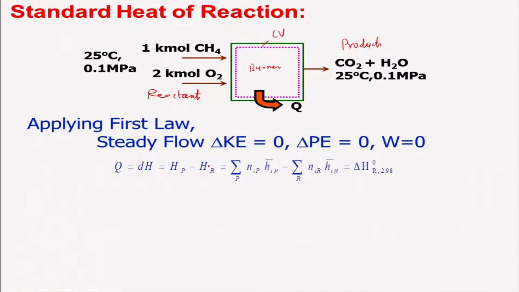minus the enthalpy of the reactants. That is nothing but the summation of the number of moles of each constituent of the product, where i is for the product, in this case carbon dioxide and water, times the enthalpy of the product, minus the summation of the moles of the reactants times their corresponding enthalpy of the reactants.